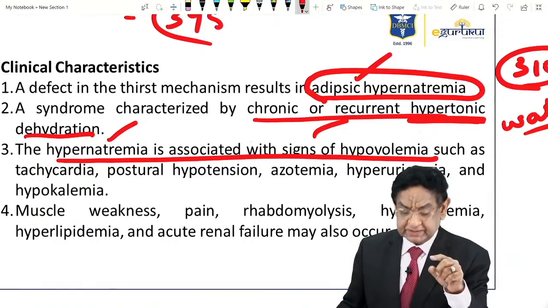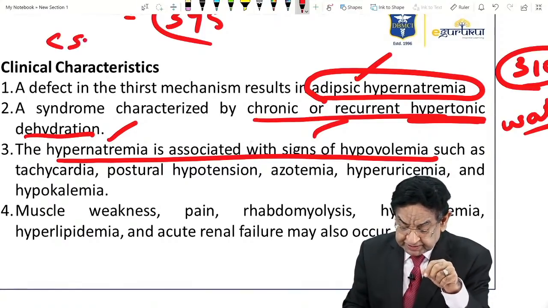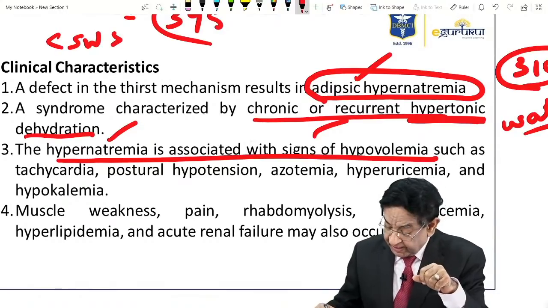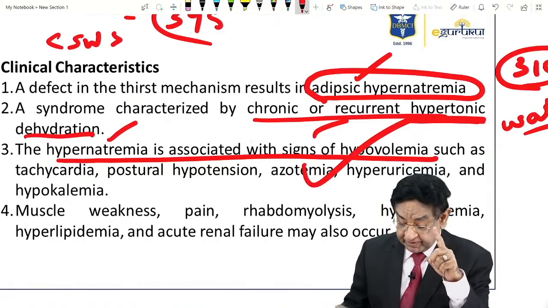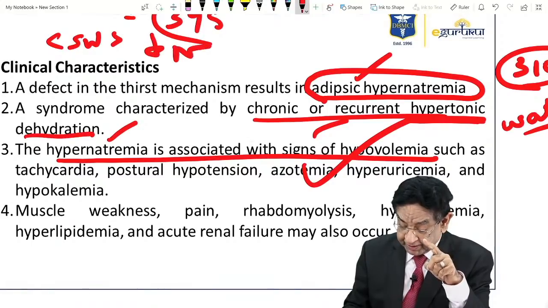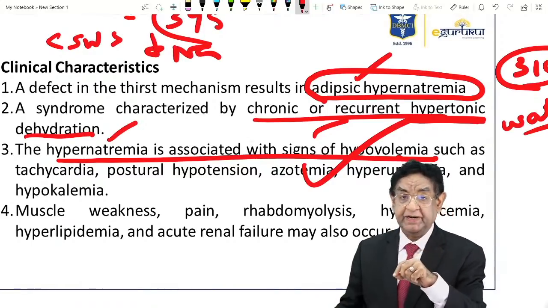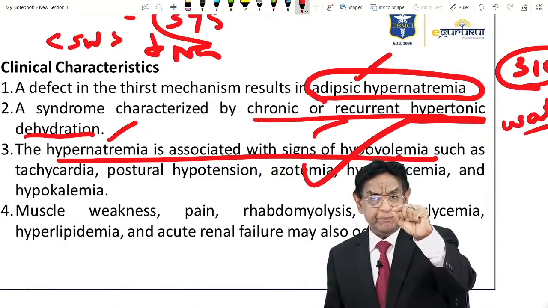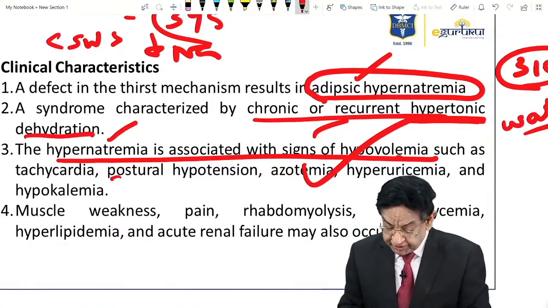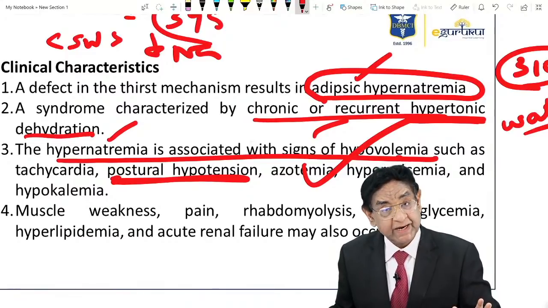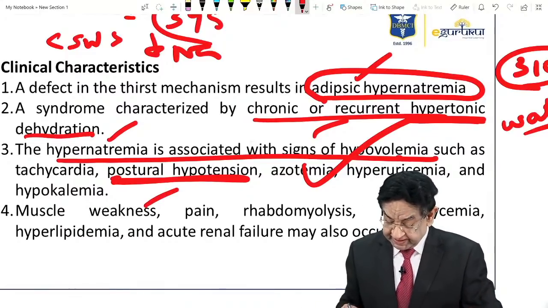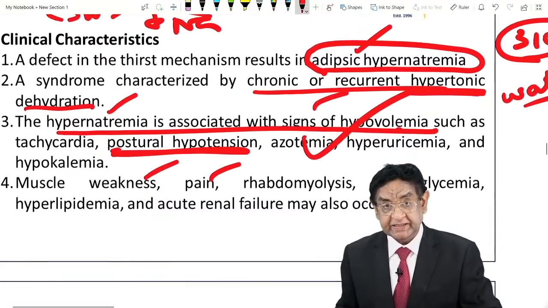Point to be noted: in cerebral salt wasting syndrome, there was hypovolemia, but there was hyponatremia. Here we have hypovolemia and hyponatremia. Due to hypovolemia, there will be features of postural hypotension. Understood? Muscle weakness, pains, etc. can occur in these patients.